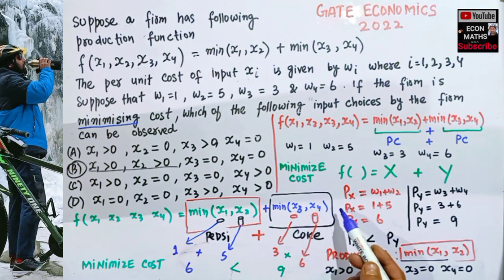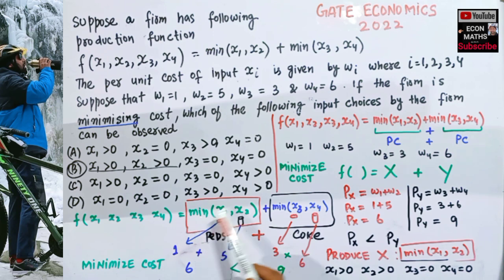and x4. I was just trying to make sense of what exactly is meant by this hybrid production function. We have perfect complements: these two are perfect complements, these two are perfect complements, but together they form a perfect substitute production function.